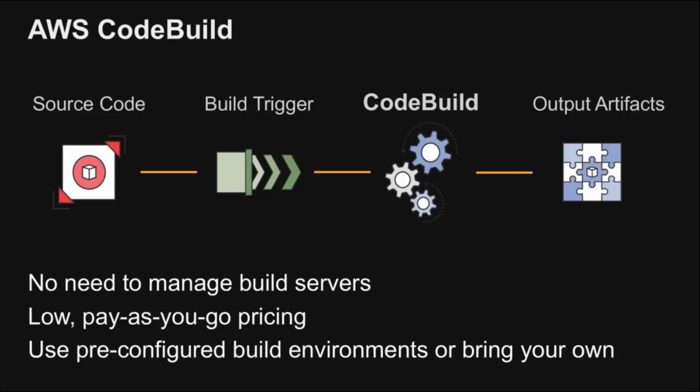Okay, so just a refresher or a recap. Again, we need the source code, and the source code is not something that CodeBuild handles. Again, it has to integrate with other services. It can also have a build trigger. Now, a build trigger is not something that many of my customers use. The trigger that they most often use is when a developer commits code into their GitHub, but it can also have a trigger that's like a cron job.